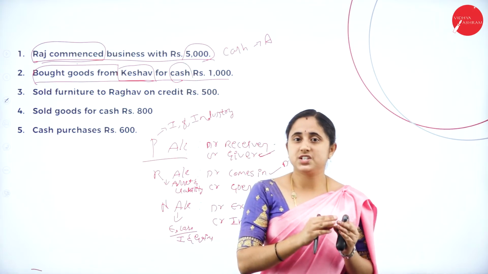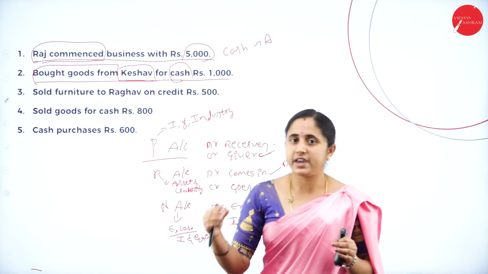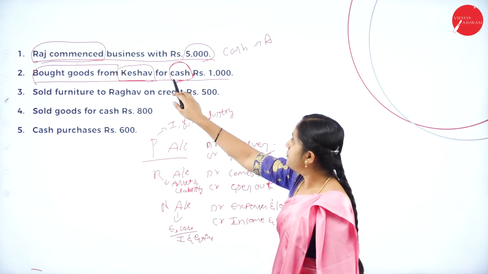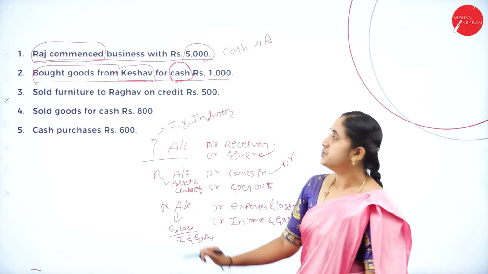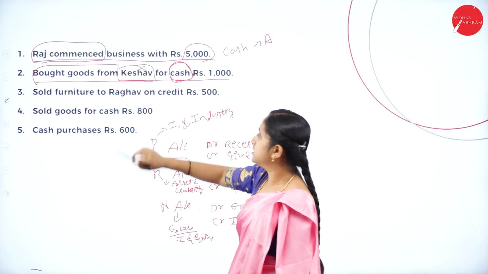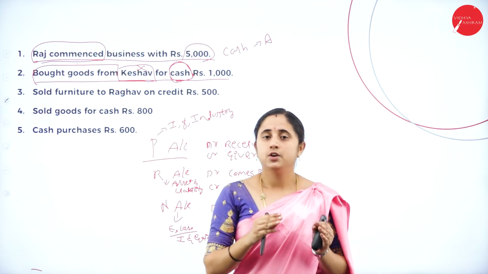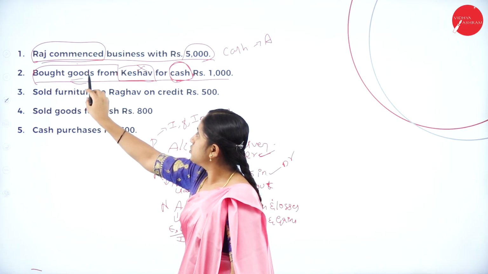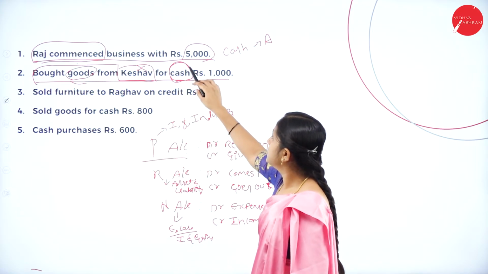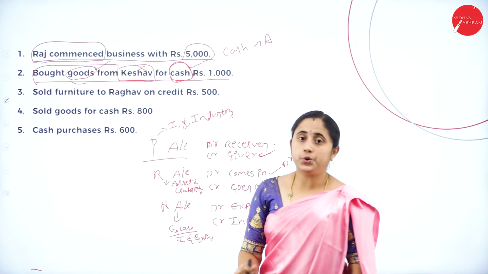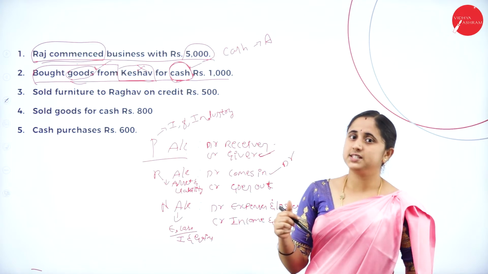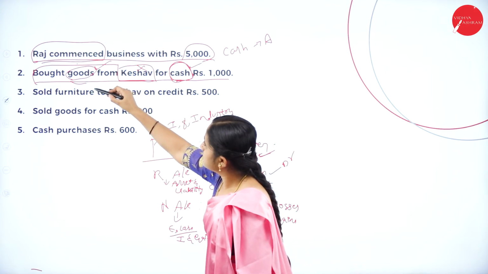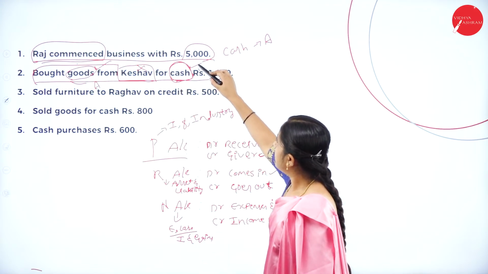Whenever a purchase or sale is made in the form of cash, you can ignore the person. You made a purchase for cash, so here the purchase of goods and cash is considered. Goods is an asset, so purchase is considered as an asset. Cash is also an asset.